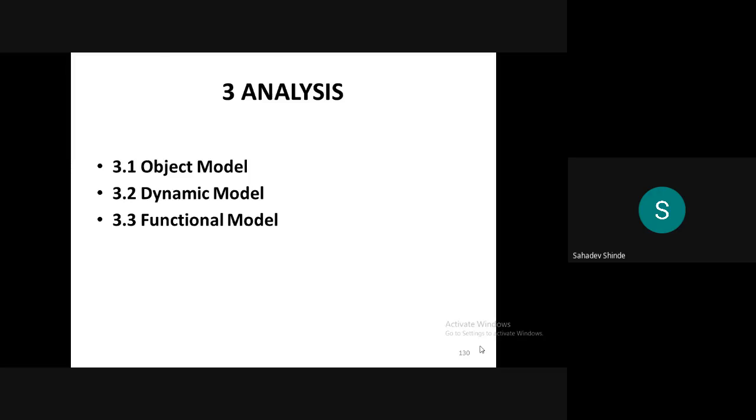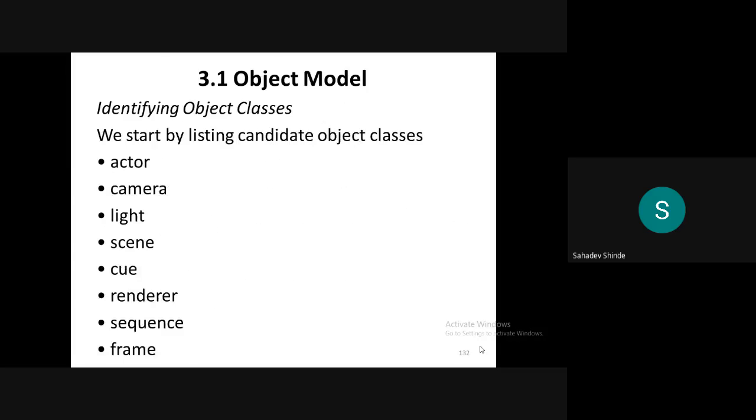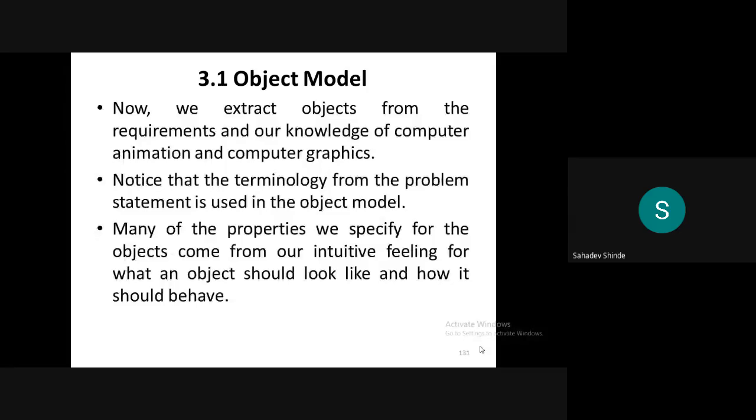And this is about the analysis. In the case of the analysis, again we can do the analysis about the object model, dynamic model, and again the functional model here. So what is the object model here? In the case of the object model, we extract objects from the requirements and our knowledge of computer animation and computer graphics here.